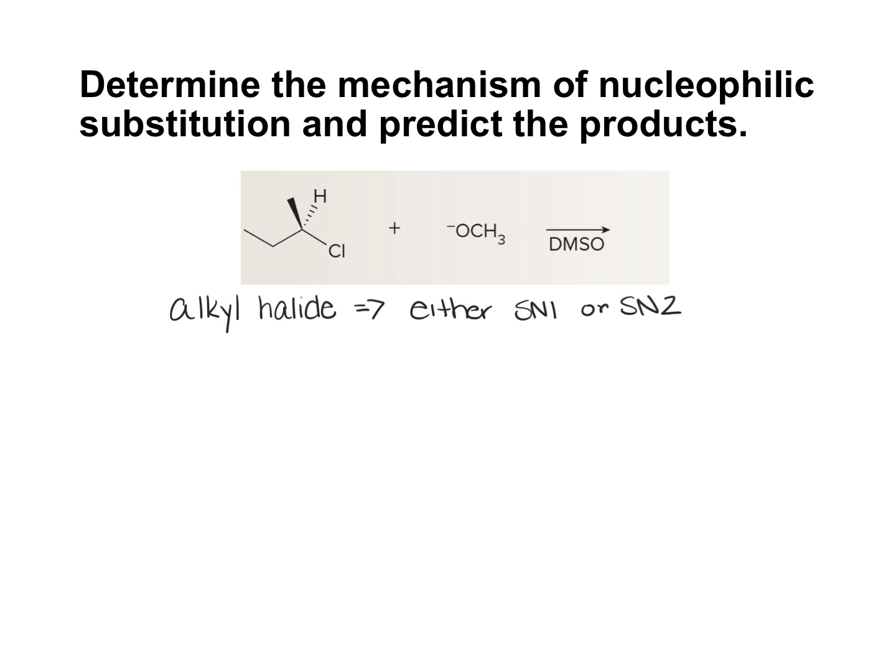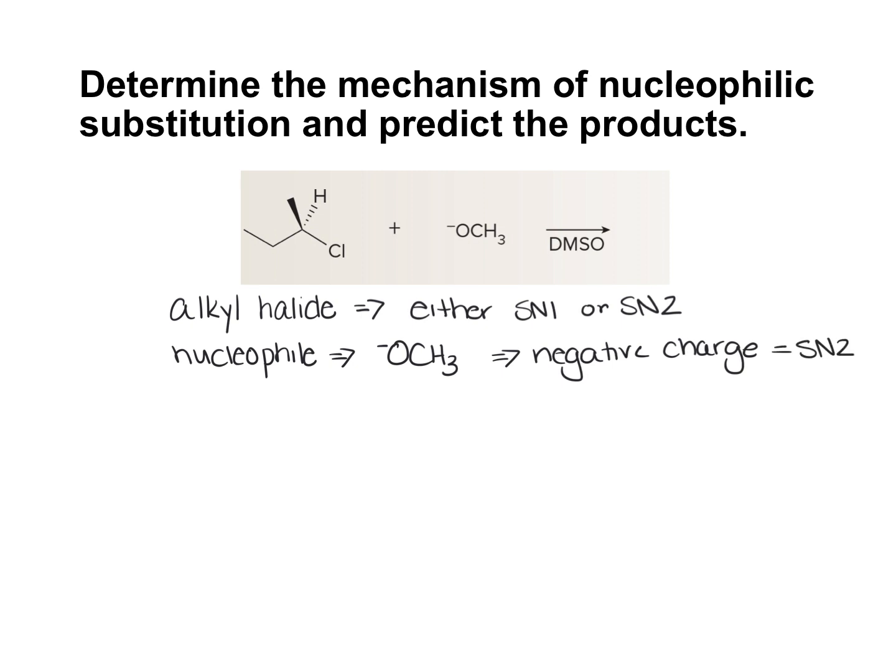So we need to go over and we need to look at the nucleophile. The nucleophile in this case is OCH3. There's a negative charge. And so that tells us, hey, look, with that negative charge, that's going to be SN2.